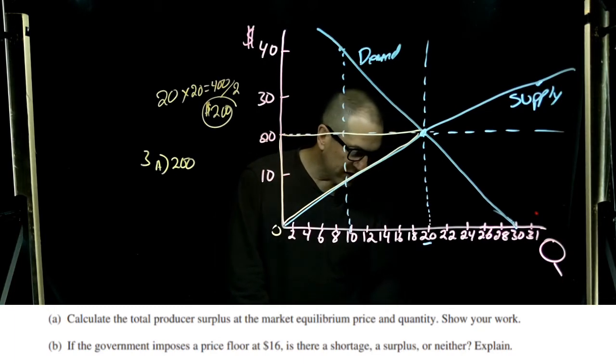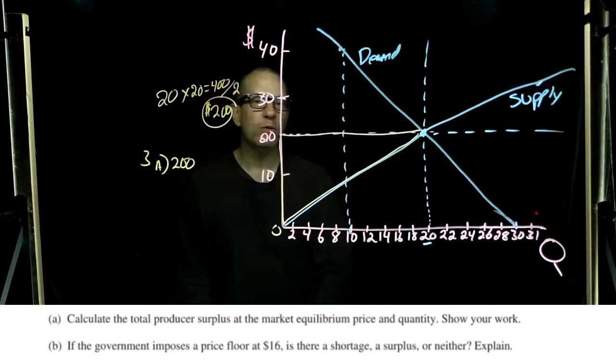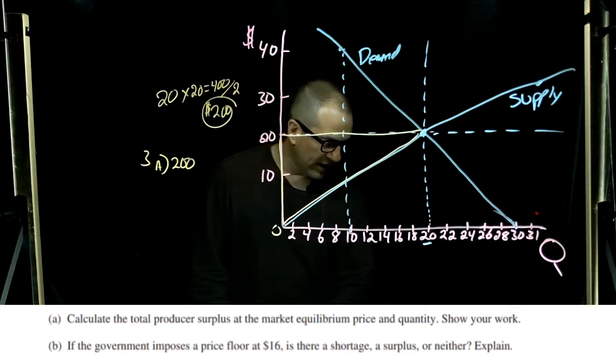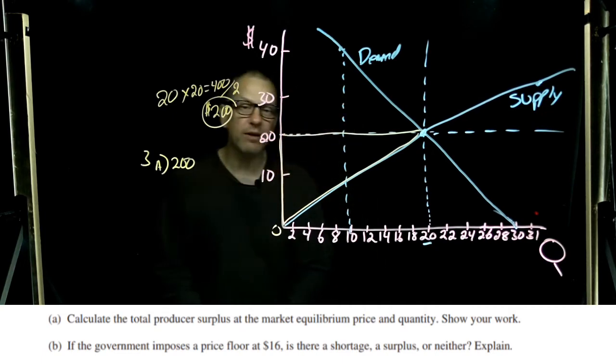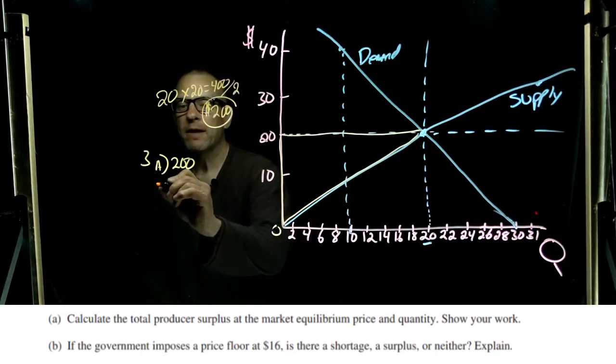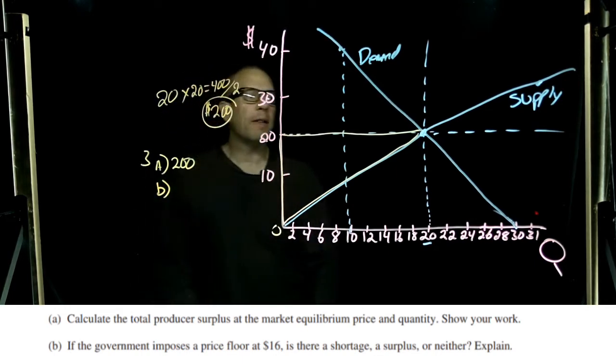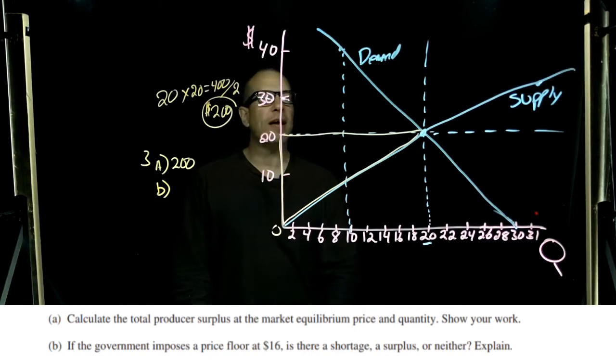The next question says, if the government imposes a price floor at $16, is there a shortage, a surplus, or neither? Explain. Well, let's check out. This is where the equilibrium is at, 20, right? The dollar amount of 20.